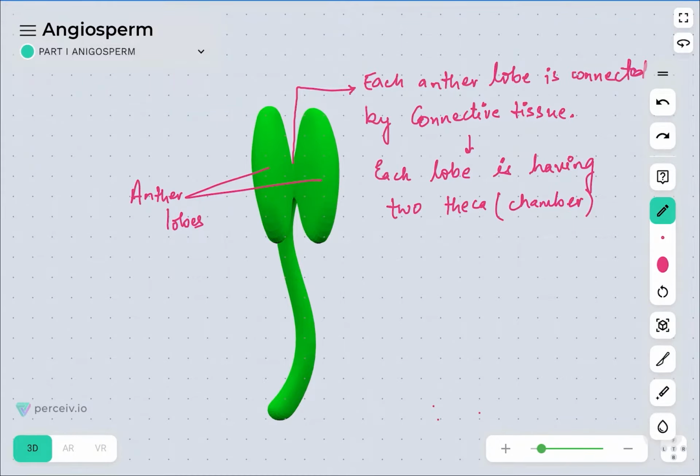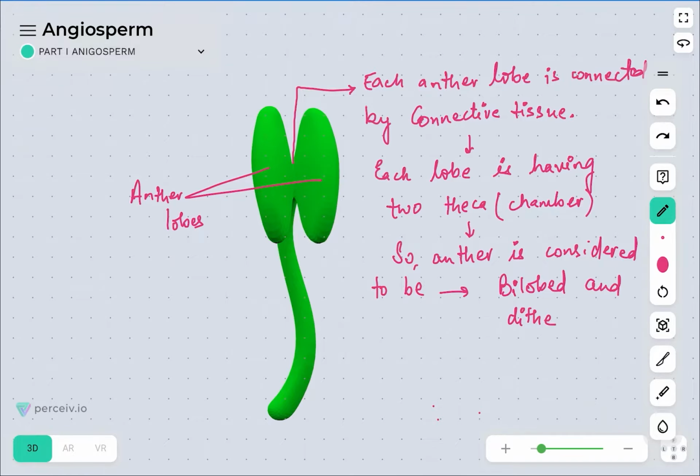So each anther lobe has two theca, and that's why anther is considered to be bilobed and dithecous. This is the important point that has to be noted. So this was about the anther part.